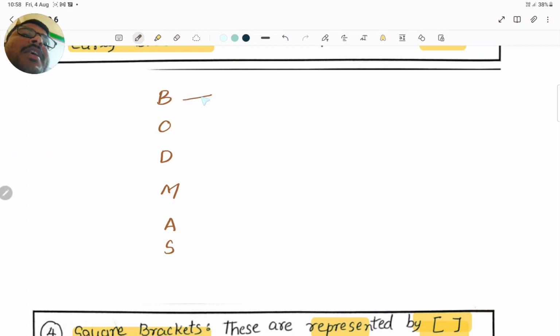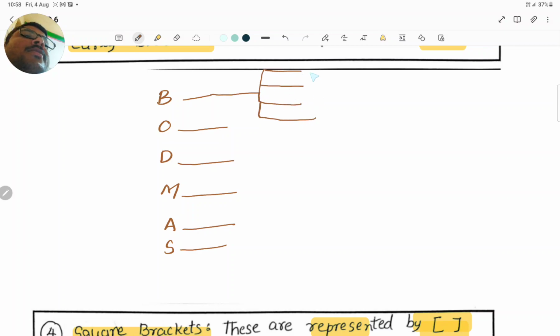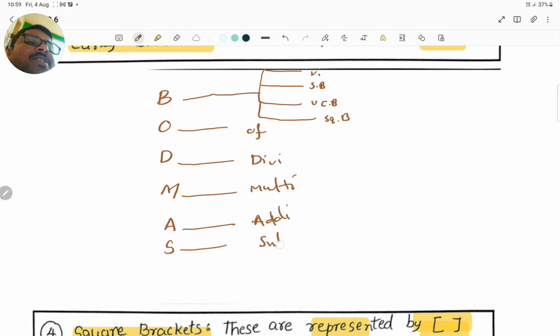First operation is brackets, second is of, third division, fourth multiplication, then addition, then subtraction. The brackets are of 4 kinds: first vinculum, second simple, third curly, fourth square. Then comes of, which is multiplication only. Next division, next multiplication, next addition, and last subtraction.